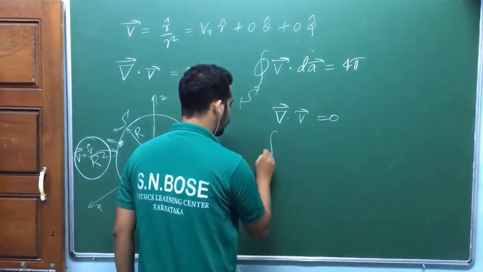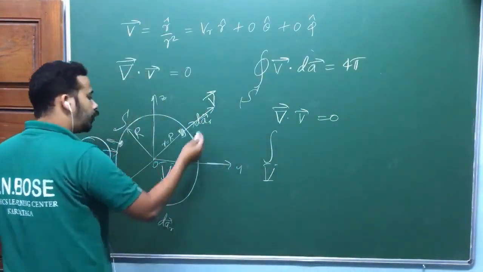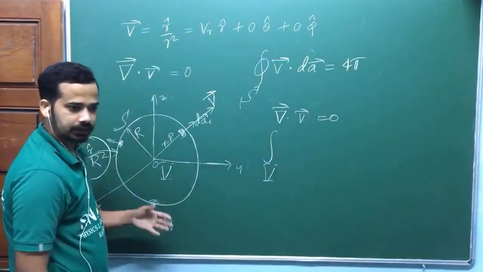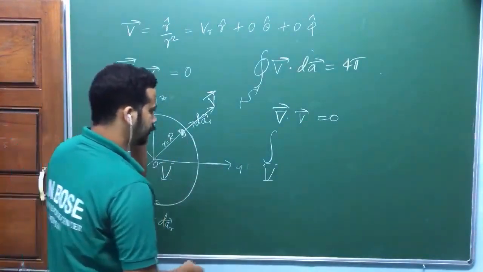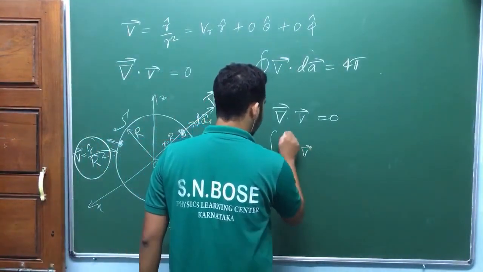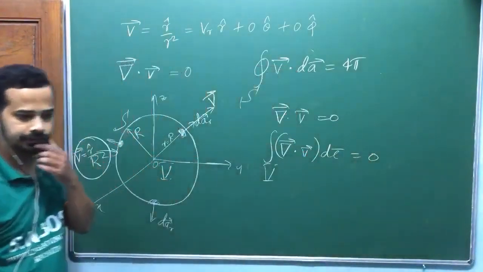If you take the volume integral, what is the volume? This is the volume, the volume within the surface. Can I say like this? Volume within the surface. If you do the volume integral of the divergence of this vector field, is that okay? d tau, that also should be 0. If this is 0, speak out.